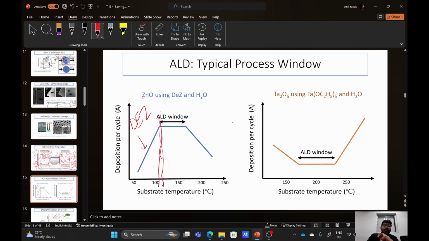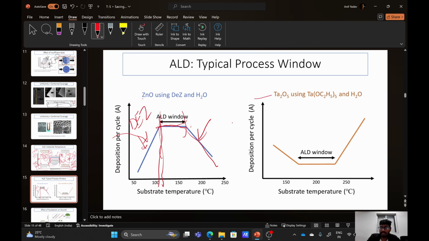At low temperatures the growth per cycle will be very low, but if we increase the temperature a self-limiting process will come, so it will react with the substrate, and at higher temperatures there will be desorption as well. That is why the growth per cycle is decreasing.